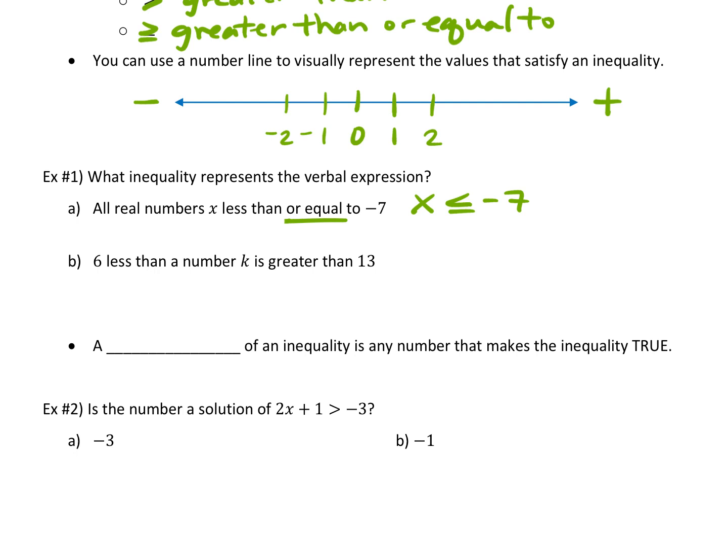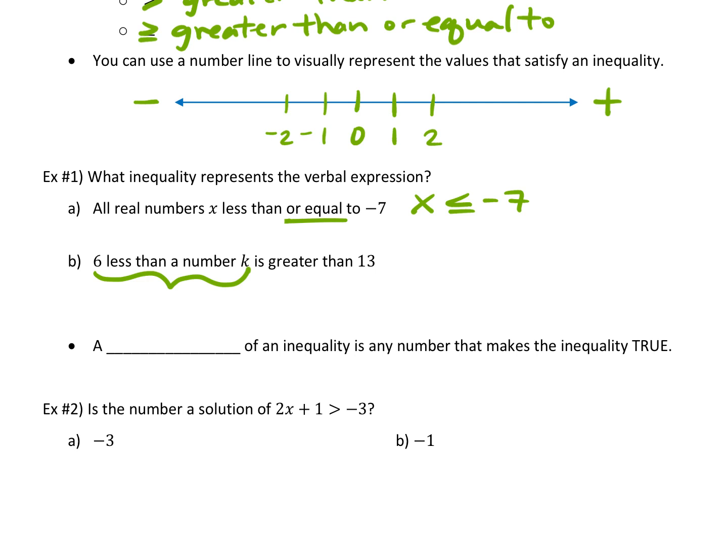So letter B says 6 less than a number k is greater than 13. I put k minus 6, the greater than symbol. Okay, so notice this, we've done this before. 6 less than a number k is not saying 6 is less than the number k.